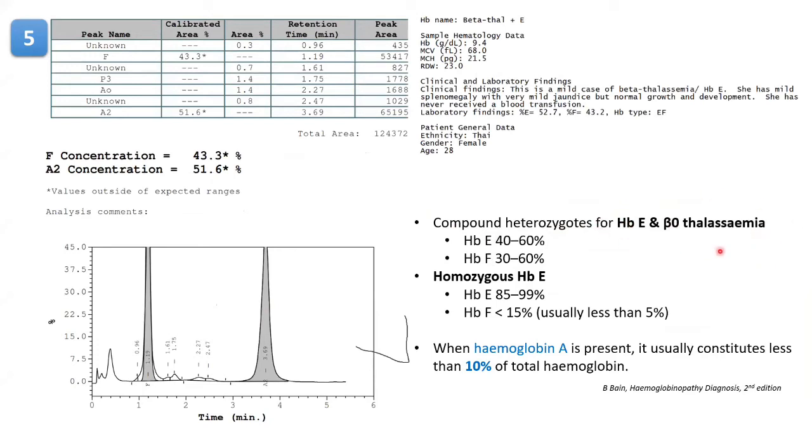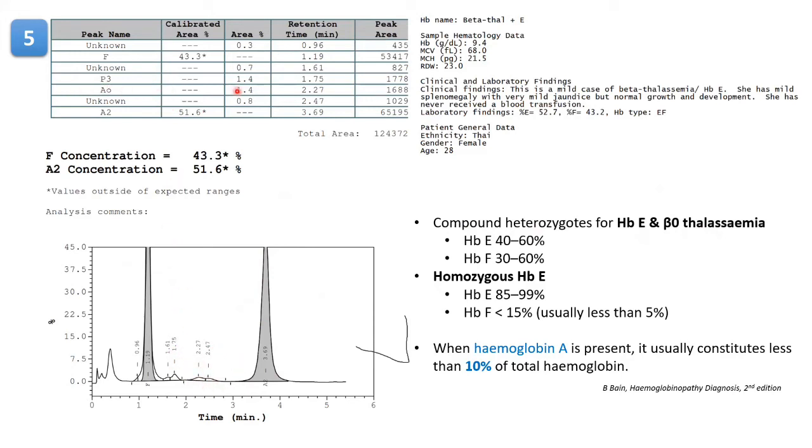These cases can present as thalassemia intermedia or thalassemia major depending on beta naught, and they may present requiring transfusions, splenomegaly, growth failure, etc. In cases of compound heterozygous hemoglobin E and beta thalassemia, the only fractions present are hemoglobin E, which is co-eluting with A2, and hemoglobin F. So you don't have any adult hemoglobin in this particular case.